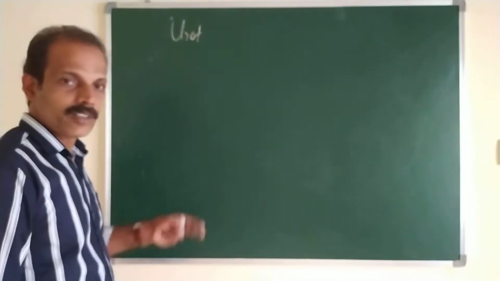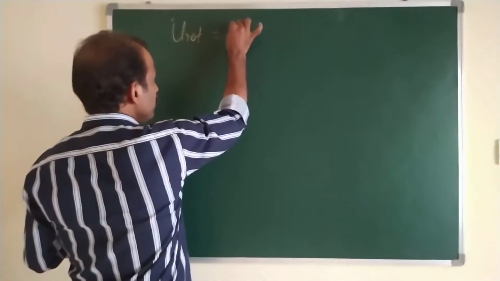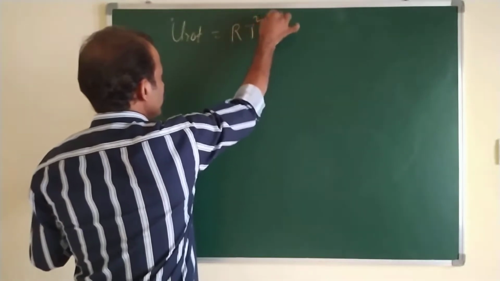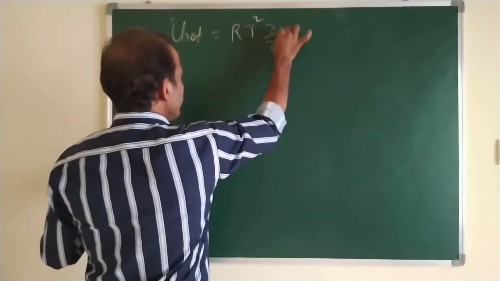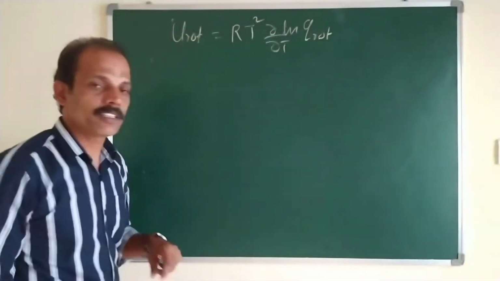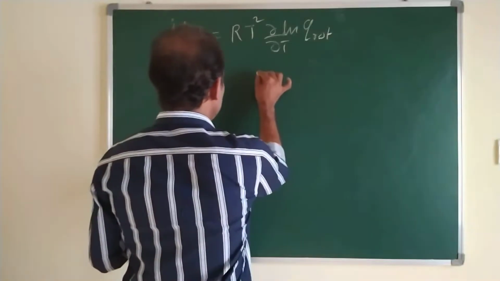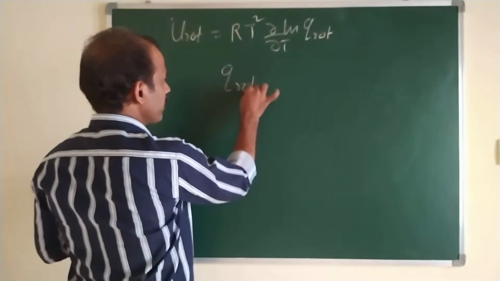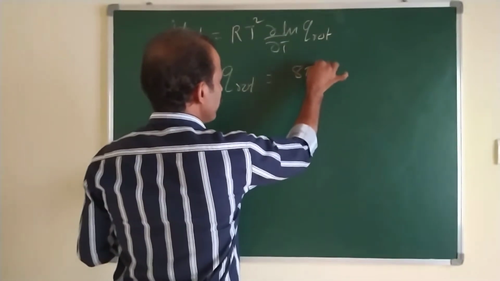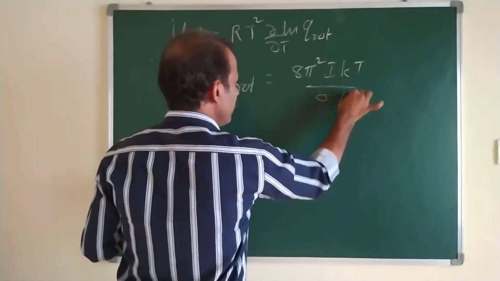Rotational internal energy, or internal energy due to rotational motion, is equal to, as we know, RT square dou by dou T ln Q rotation. That is our equation. And Q rotation is equal to 8 pi square I kT by sigma h square.